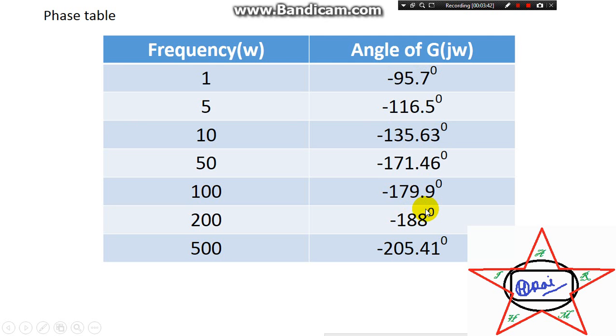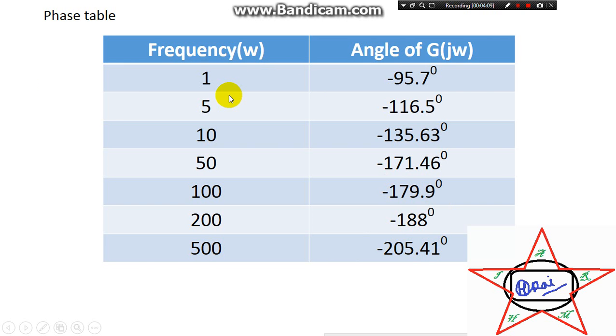Sometimes even though you put more values, you won't get 180 degree, then in that case you just leave it. Otherwise you select omega in such a way that the minimum value is near about 100 degree, and the maximum value is near about 180 degree or more. So this is the way to select the omega value.